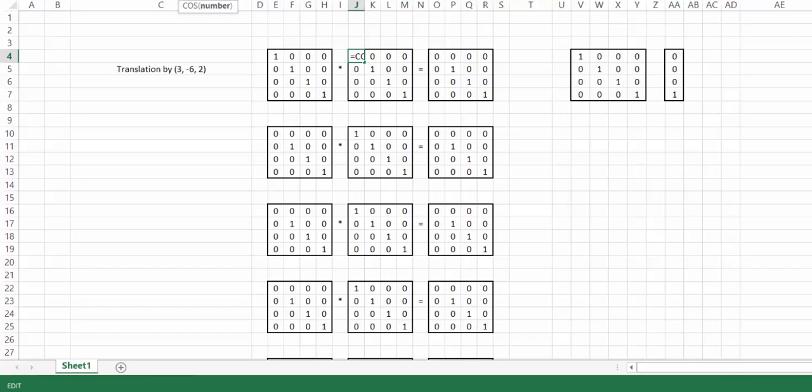Right. The cosine of minus 30 degrees is not 0. Equals sine of minus 30 degrees.